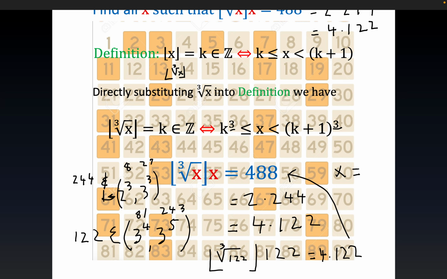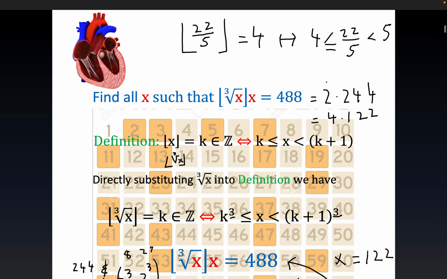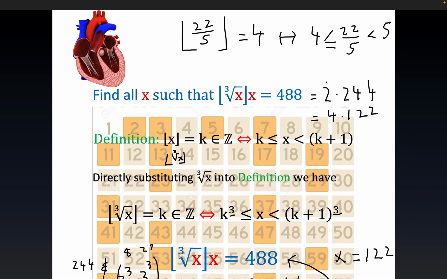Now, there is another factorization, but this function is an increasing function. So you can check 8 and 61 if you want, but it doesn't work. You can verify that, but the only answer I got for this, folks, was x equals 122.